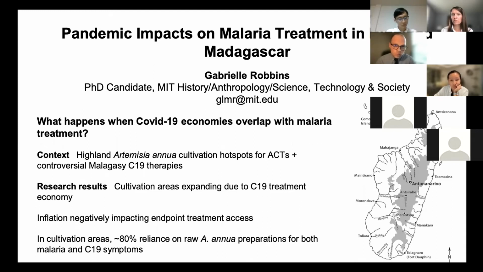They reported using Artemisia for symptoms like fevers, chills, and coughs, and an even higher percentage, something like 90%, report keeping and saving Artemisia that they had grown for their own use or that of their friends or families.